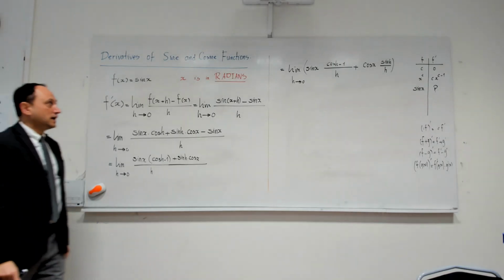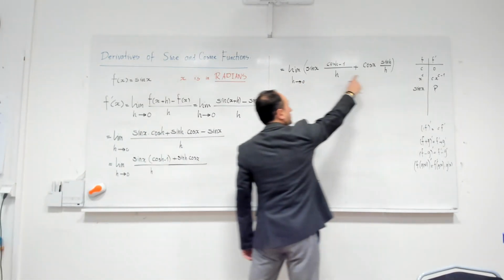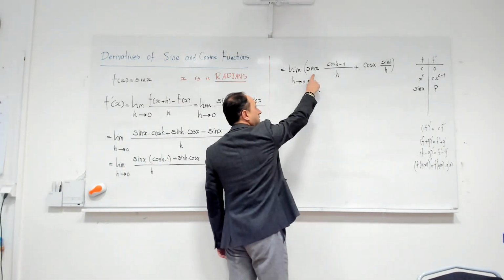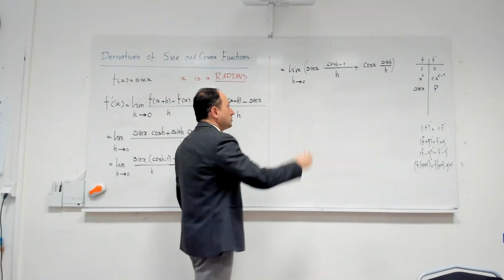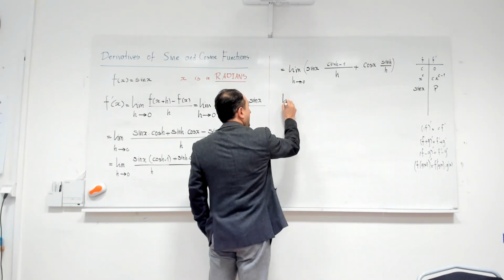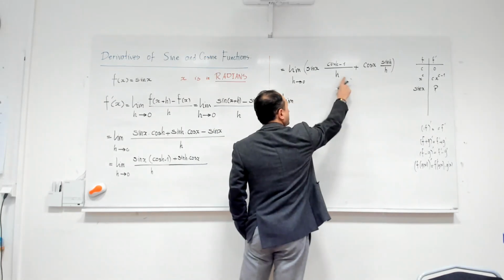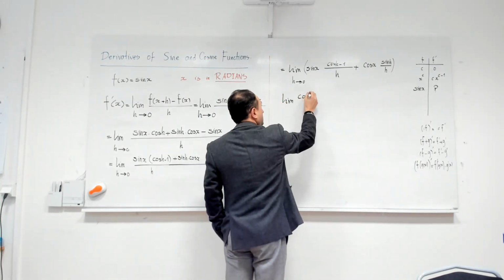But the point is that sine x and cosine x are constant because my limit variable is h. So the point is that if I can calculate these two limits, then I am done.